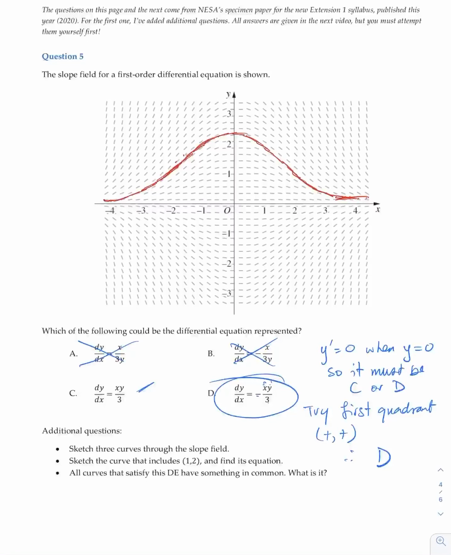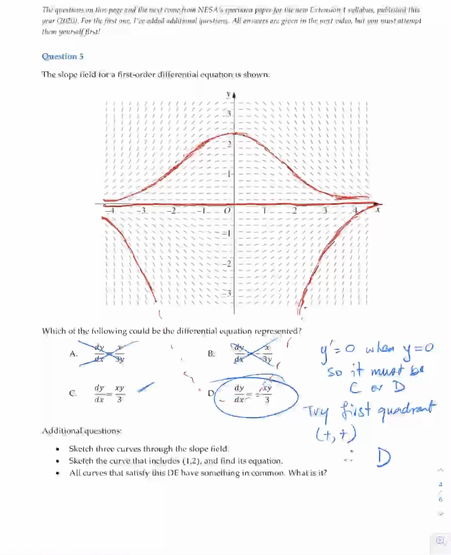What if I did this? Obviously I'm going up, so that's going to do something like this. It'll go a lot further down, I would suggest, but then it looks quite symmetrical, so it would come back up here somewhere. If y dash equals 0, this looks like the equilibrium solution. So there we go. There's 3 curves through the field.